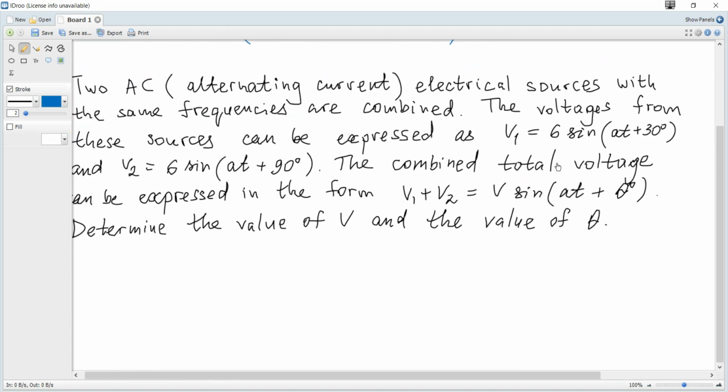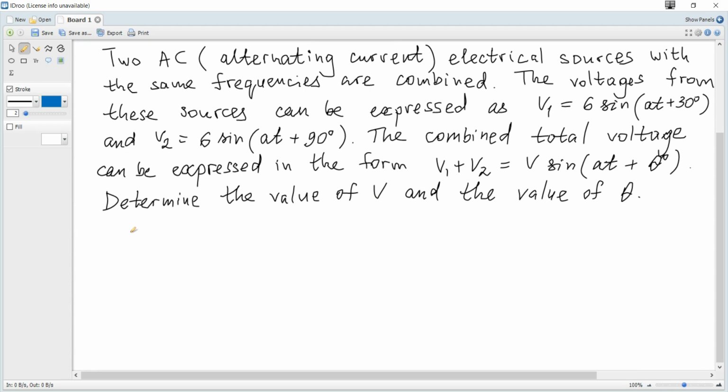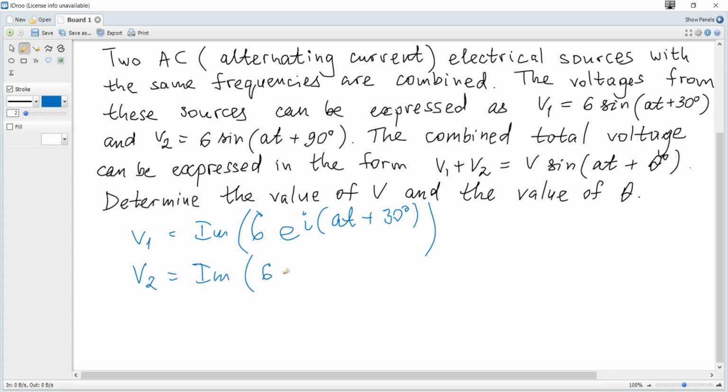Absolutely similarly, let's rewrite. V1 is the imaginary part of 6e to the power of i(80 plus 30), and V2 is also the imaginary part of 6e to the power of i(80 plus 90 degrees).